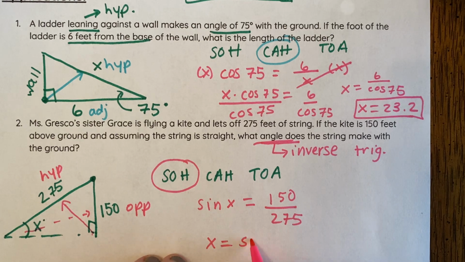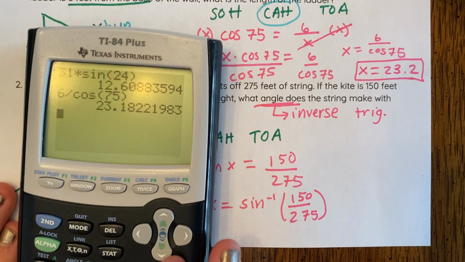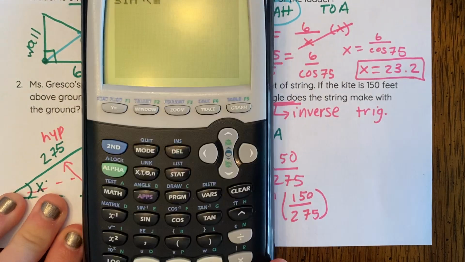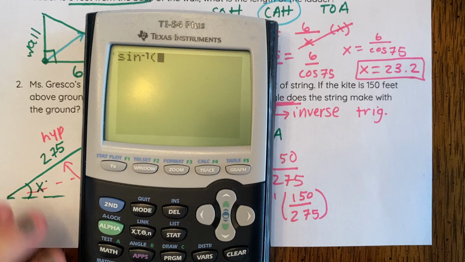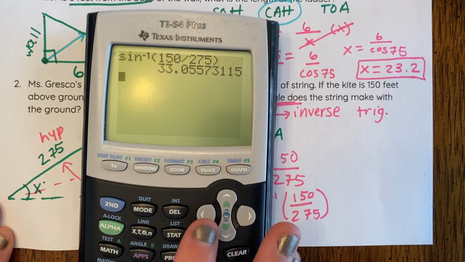So x is equal to the sine inverse of 150 over 275. When I plug that into my calculator, so second sine inverse of 150 over 275. So I get that x is 33.1 degrees.